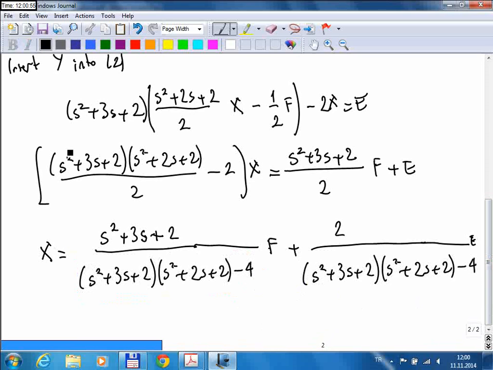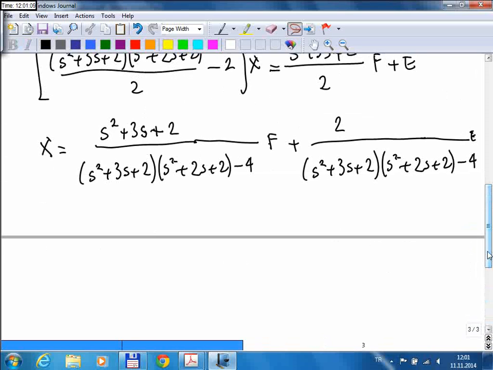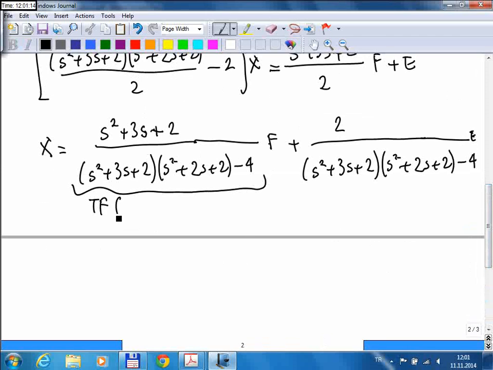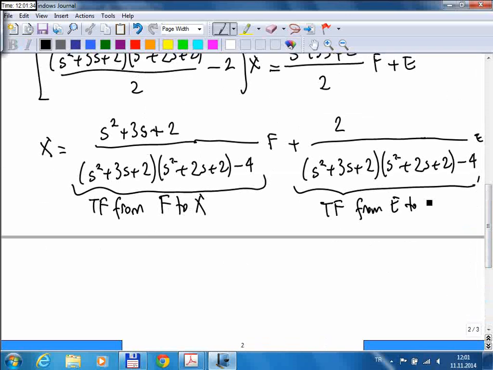We actually wrote one of the outputs, x, in terms of the 2 inputs of the system, E and F. Assuming that I didn't make any errors while obtaining these, this should be the transfer function from F to X, and E should be left outside, should be the transfer function from E to X, okay?